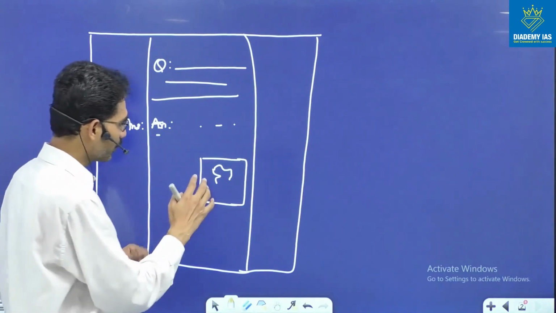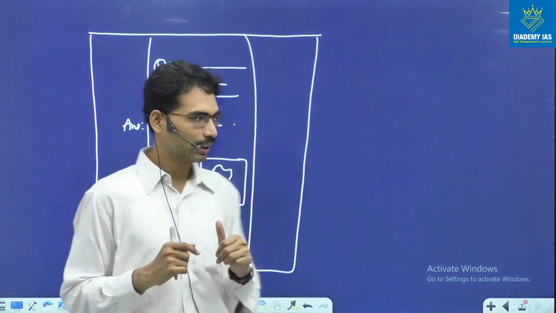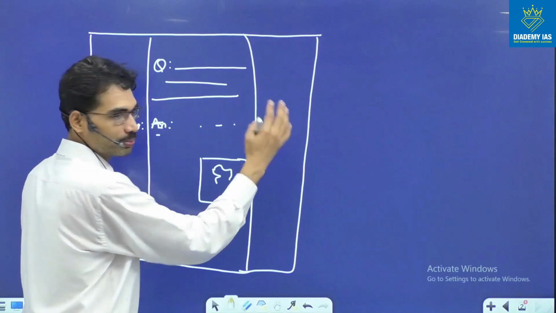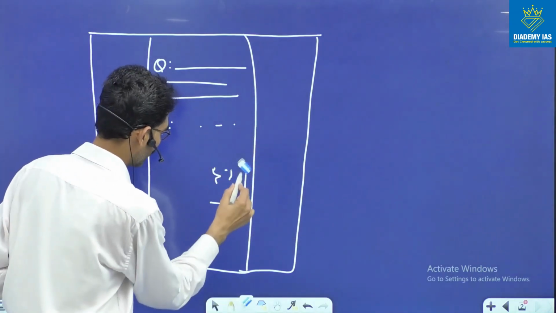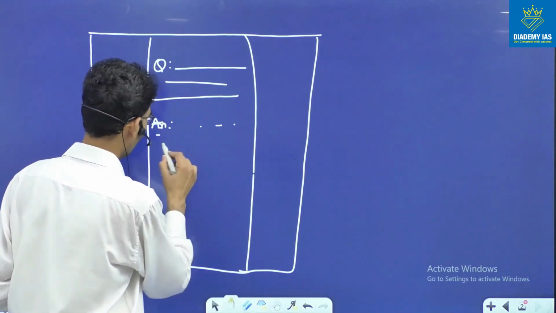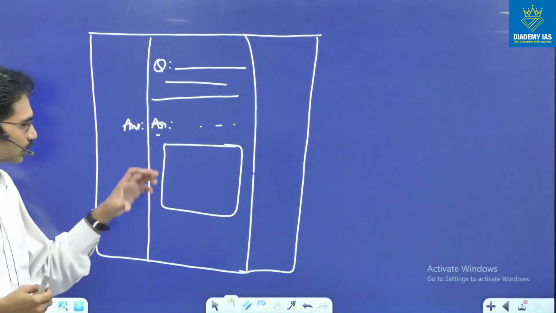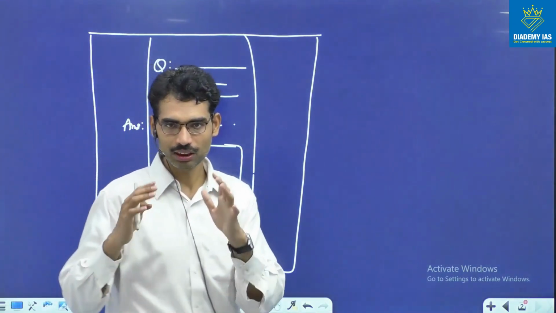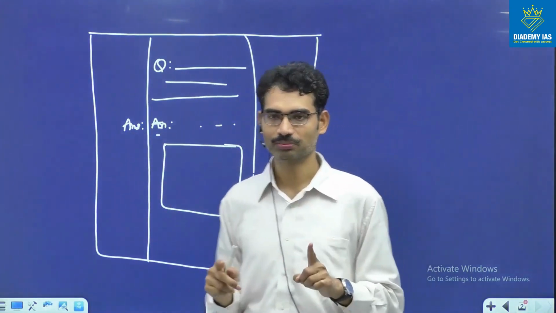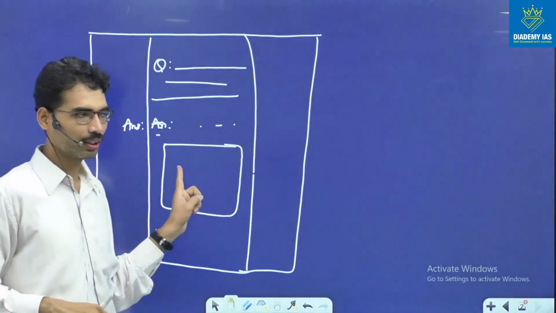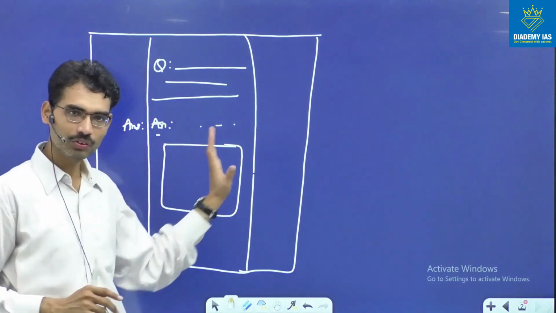If the question is mainly focusing on the map, then you give more space, converting this small map into a big map. Depending on the demand of the question, if it demands a clear-cut image, then you give a big space. Otherwise, you can go for a small image on the right side.